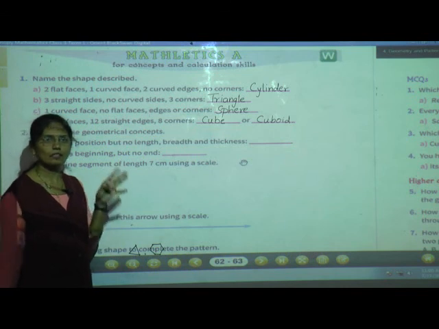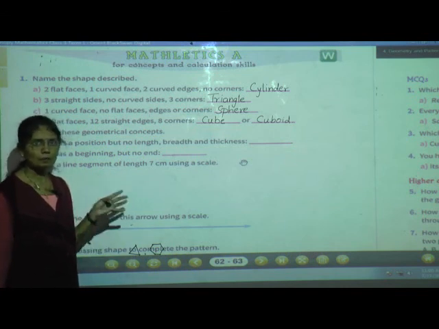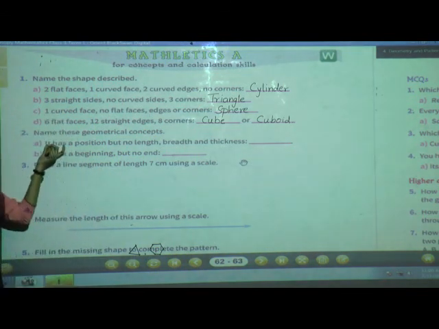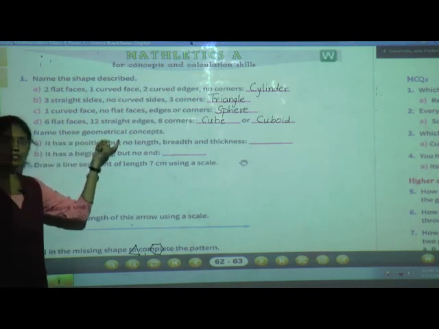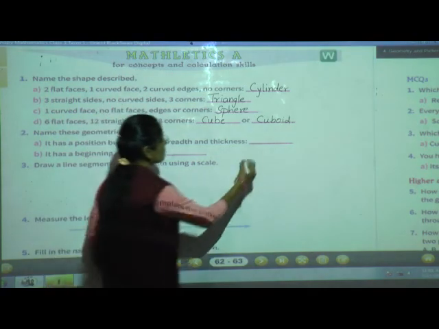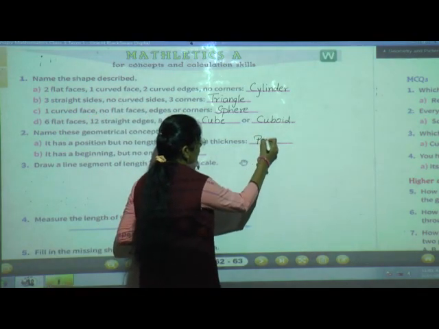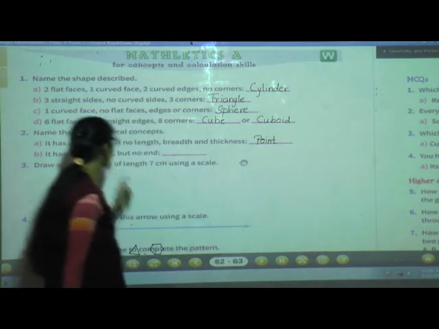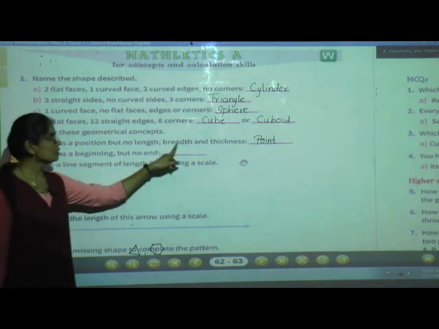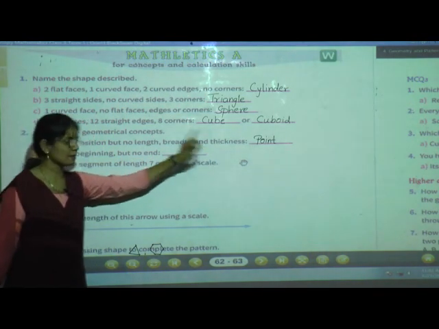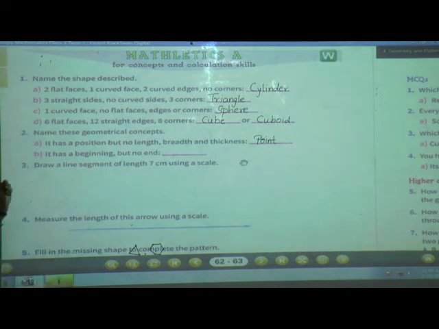So this property fits the point, because a point has a position but no length, breadth or thickness.